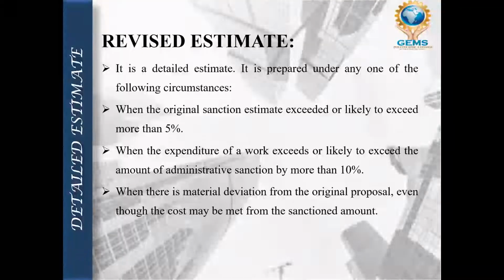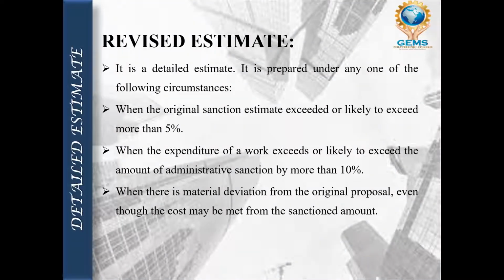So the first type is the item rate estimate, right? The second one is the revised estimate. So what does a revised estimate mean? It is also a detailed estimate. It is prepared under any one of the following circumstances. The first is when the original sanctioned estimate is exceeded, or likely to be exceeded, by more than 5%.